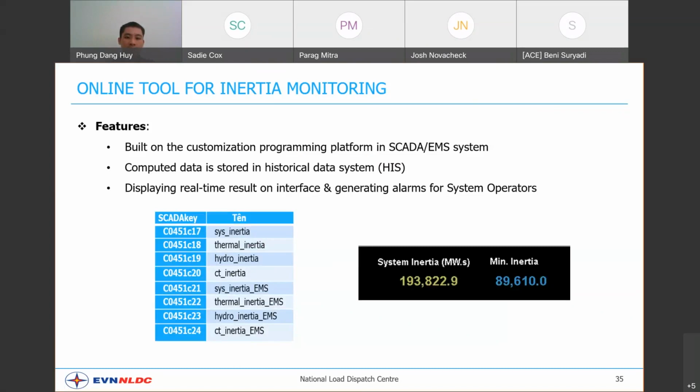And this value we put into what we call the SCADA key. This SCADA key can hold the historical data, so we can extract the data whenever we want. And we also display the values calculated online for system operators. And whenever the system inertia is lower than the minimum inertia, there will be an alarm for system operators. Next slide, please.